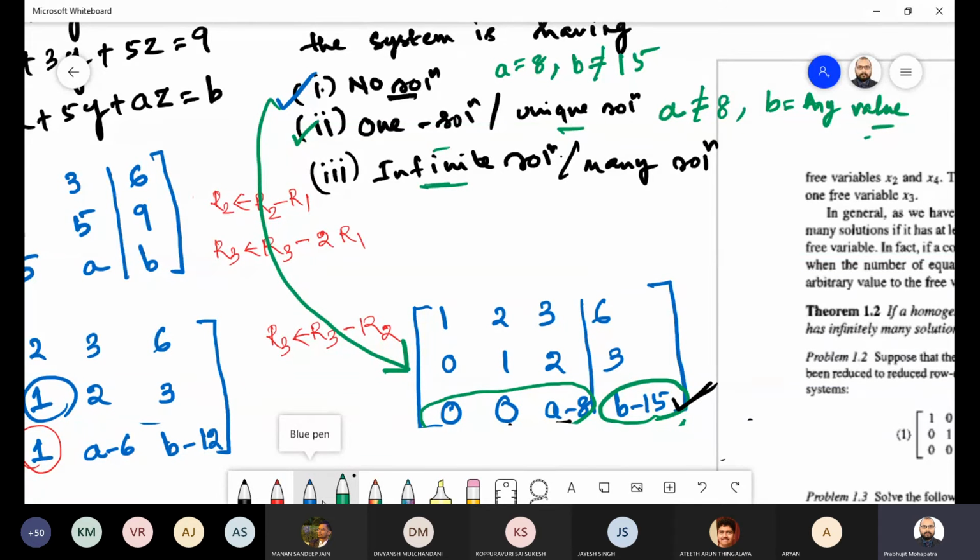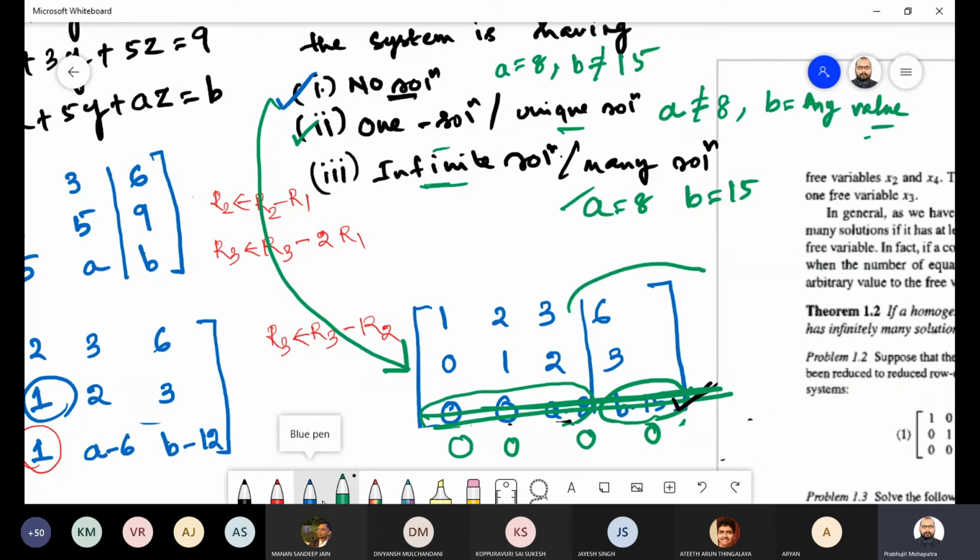Next, how to get infinite solutions? When a equal to 8 and b equal to 15. If a equals 8, this row becomes fully 0, which means this row does not exist.